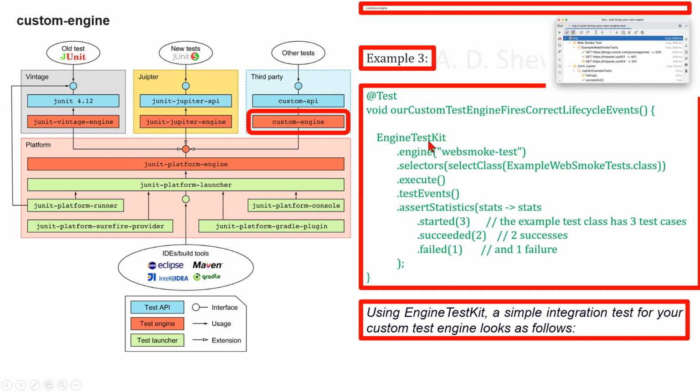Enter the engine test kit, or more specifically the module junit-platform-testkit, a special integration testing tool provided by the JUnit platform. The engine test kit is intended to test the interplay between the JUnit platform and custom engine implementations.